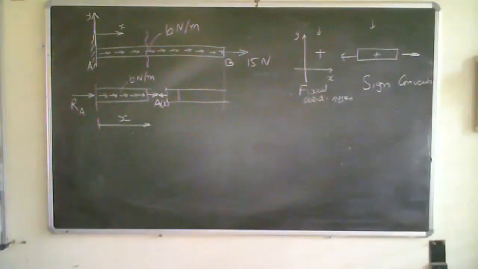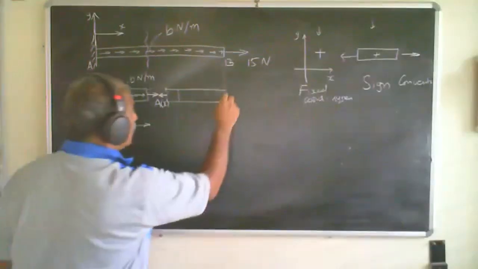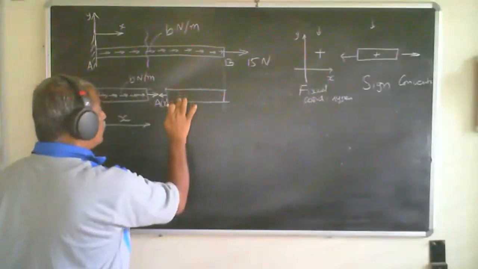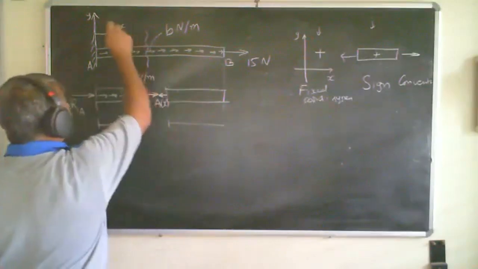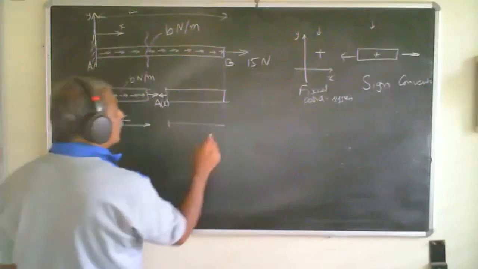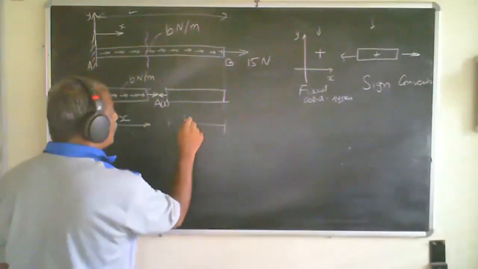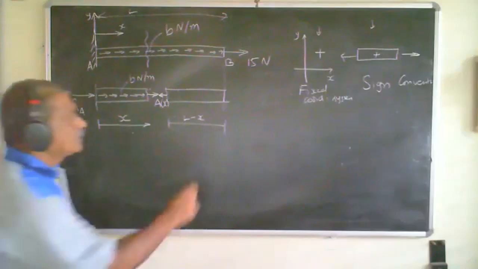What would be that A of x? One way to do that is I'll take this side instead of this side, and this would be, let's say this length, total length is L, and this would be L minus X. Okay. Why am I doing this?